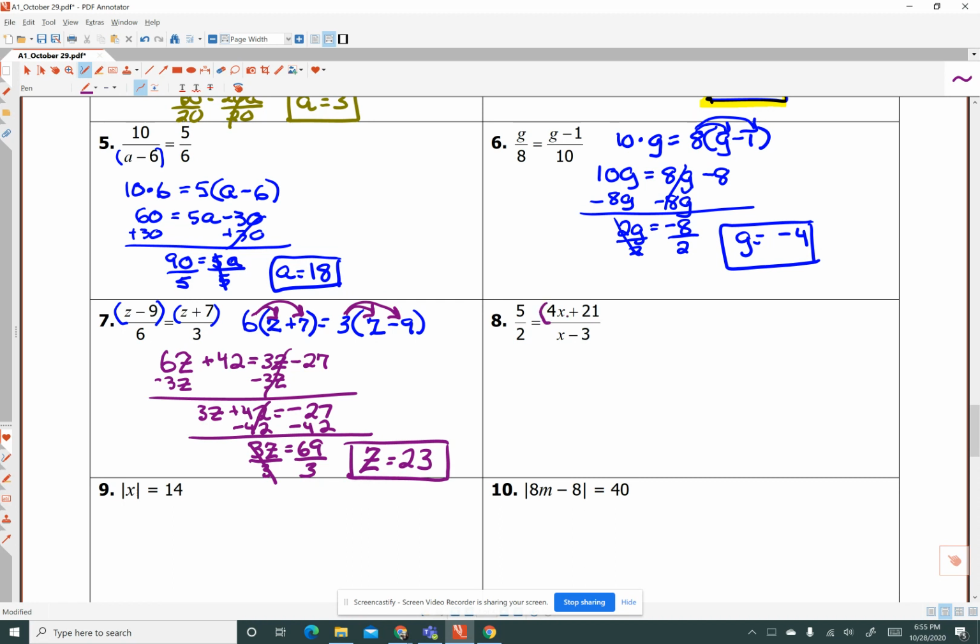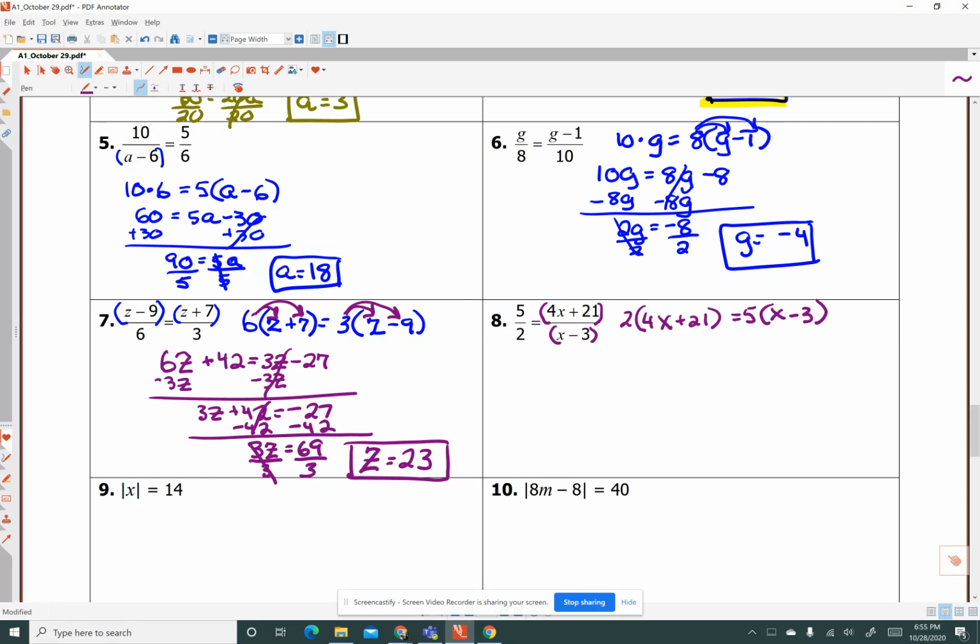And we have a quantity here in the numerator. So we'll do 2 times the quantity of 4x plus 21 equals, we have a quantity in the denominator, 5 times the quantity of x minus 3.